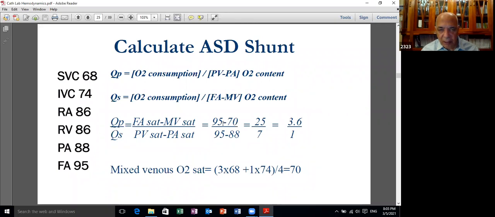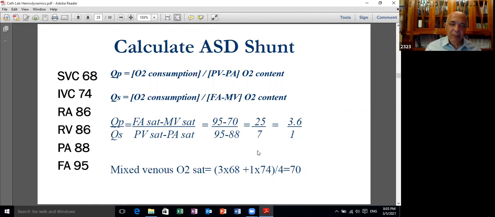So we subtract from 95, which is the oxygen saturation in the femoral artery, 70, and then the femoral artery oxygen saturation, which is equivalent to the pulmonary venous oxygen saturation, minus 88, which is the pulmonary artery oxygen saturation, and this was the result.